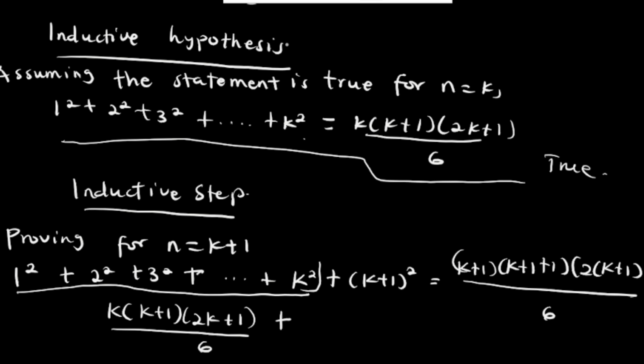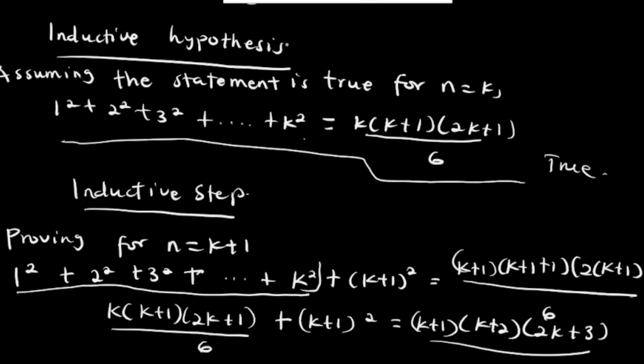So I'll continue on plus k plus 1 all squared. This should be equal to this side k plus 1 in 1 bracket. This will give me k plus 2. Take note. Then this side is 2k plus 2 plus 1. So we are going to get 2k plus 3, right? So 2k plus 3 all out of 6.